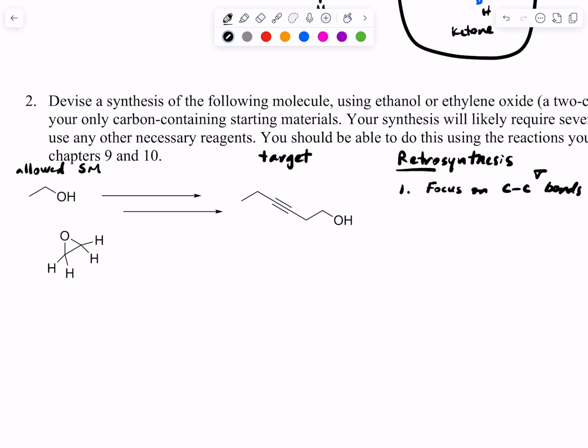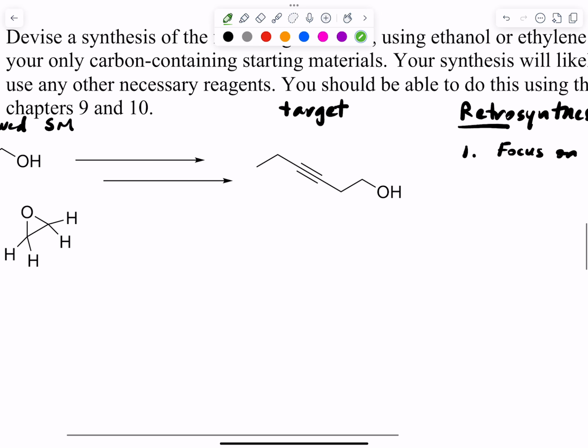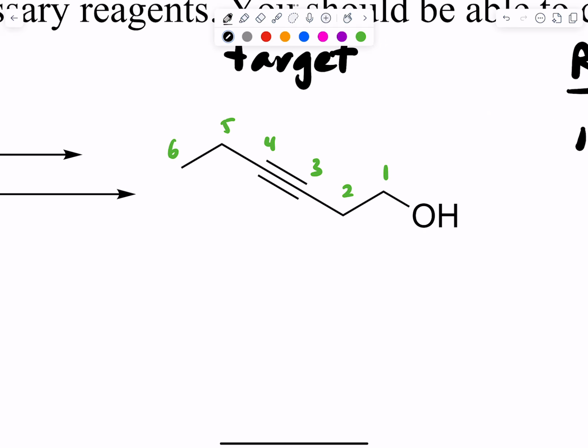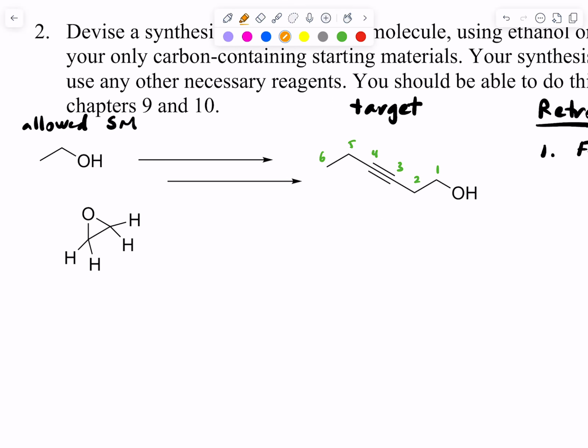So if we look at our target molecule, it's got 6 carbons. 1, 2, 3, 4, 5, 6. Hopefully by now you're getting used to how we draw alkynes and you know that there is a carbon there and a carbon there. 6 carbons. If you look at the allowed starting materials, they only have 2 carbons.